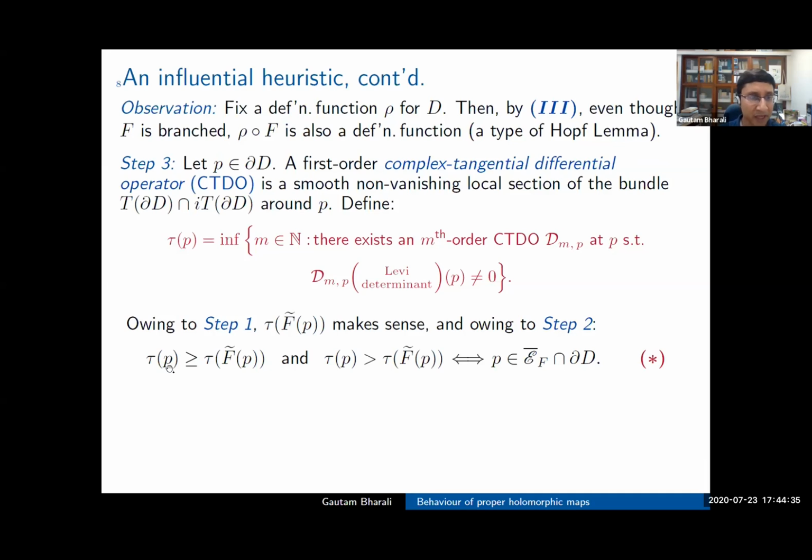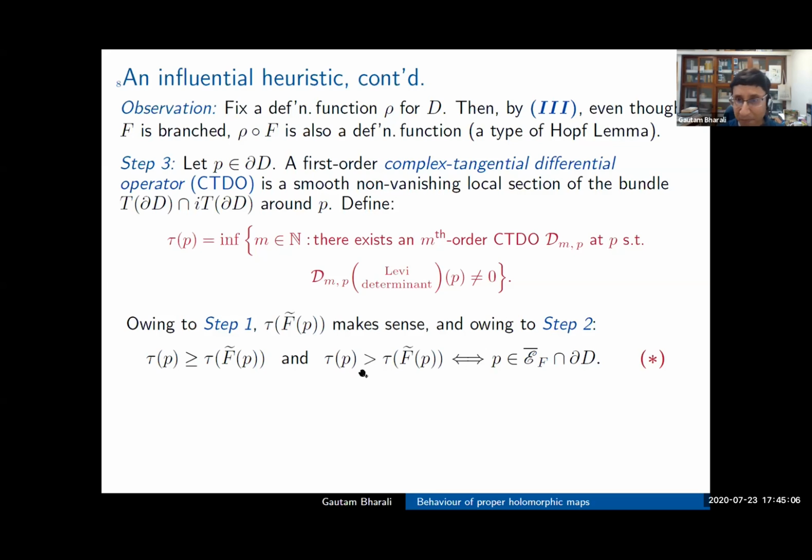It will follow that tau of p always dominates tau of f tilde of p. This is not a hard statement. The hard statement is that whenever p is a limit point of the branching locus, then tau of p is strictly greater than tau of f tilde of p.